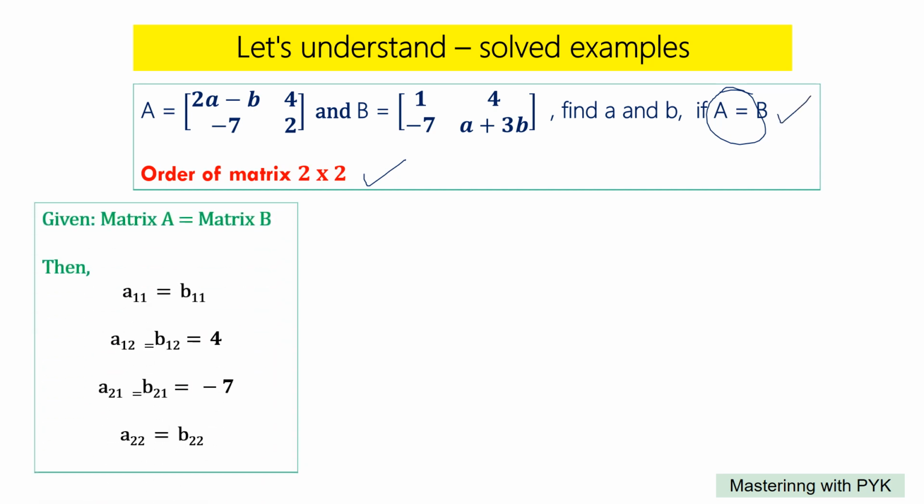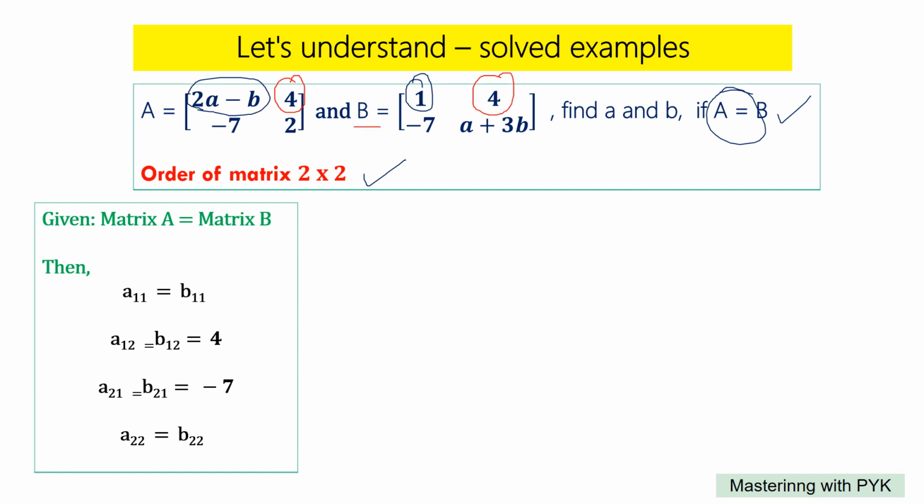Given matrix A is equal to matrix B, the first element of matrix A will be equal to the first element of matrix B. Similarly, the second element of matrix A, that is A12, first row second column, would be equal to the first row, second column of matrix B.